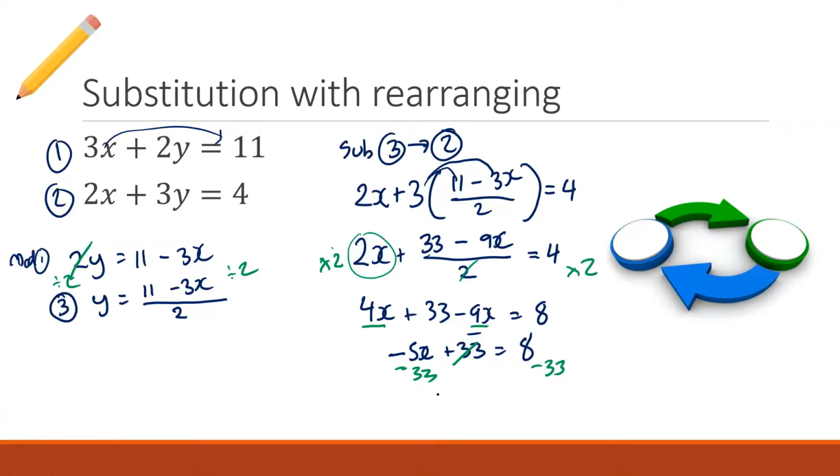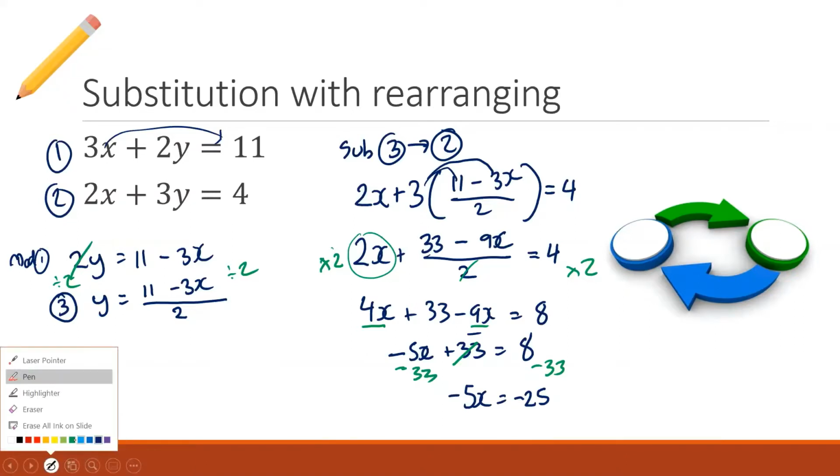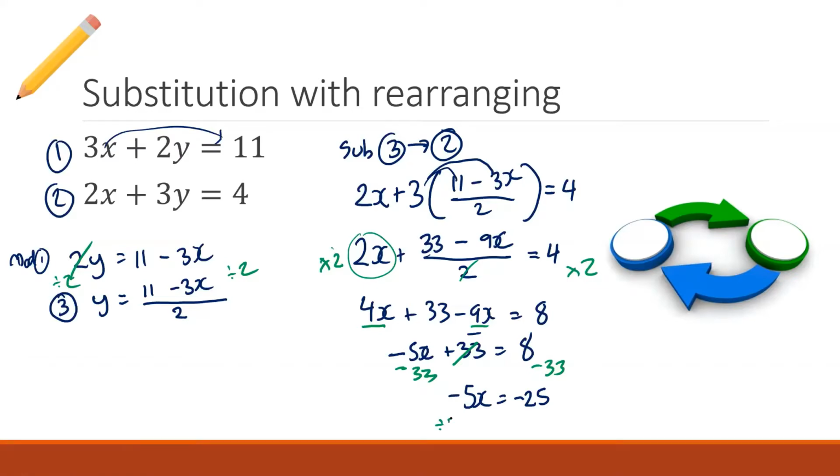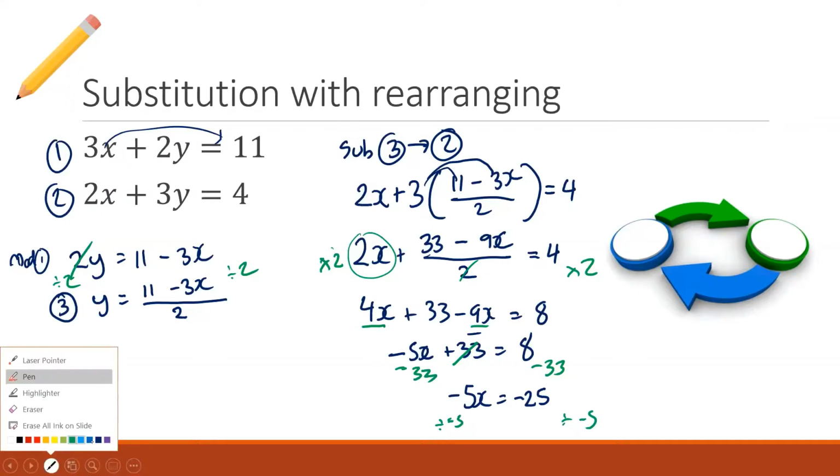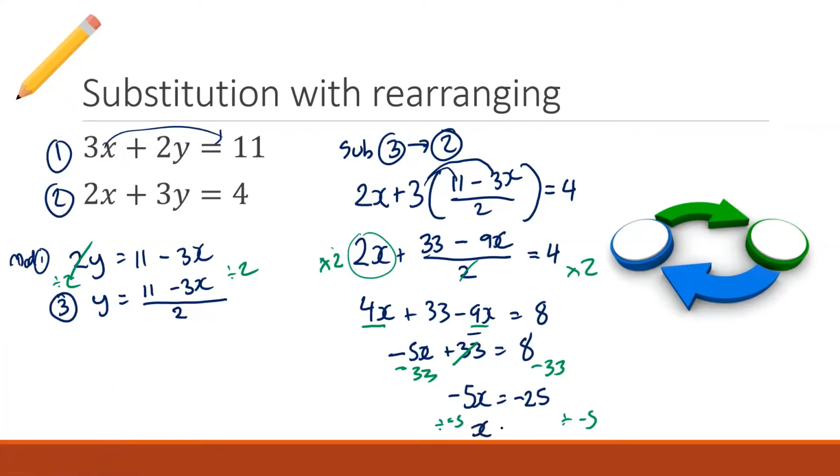Negative 25. Should you guys be able to do this in your head? Of course. Is there anything wrong with using a calculator? No. I use the calculator only when I know that I could make a mistake. And I don't want to make a mistake, especially when I've done all of this work just to get to the last step. Divide both by negative 5. X equals 5.